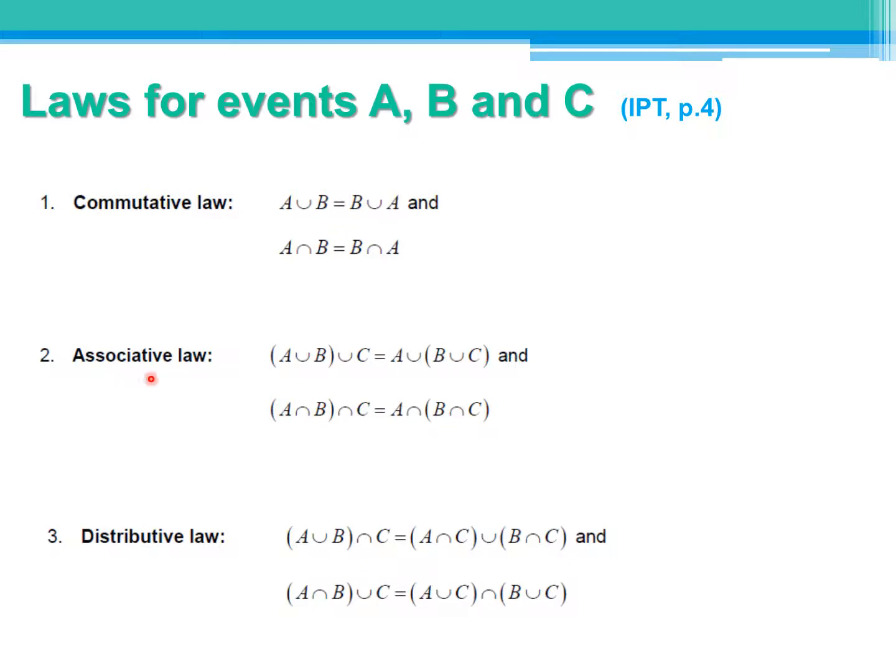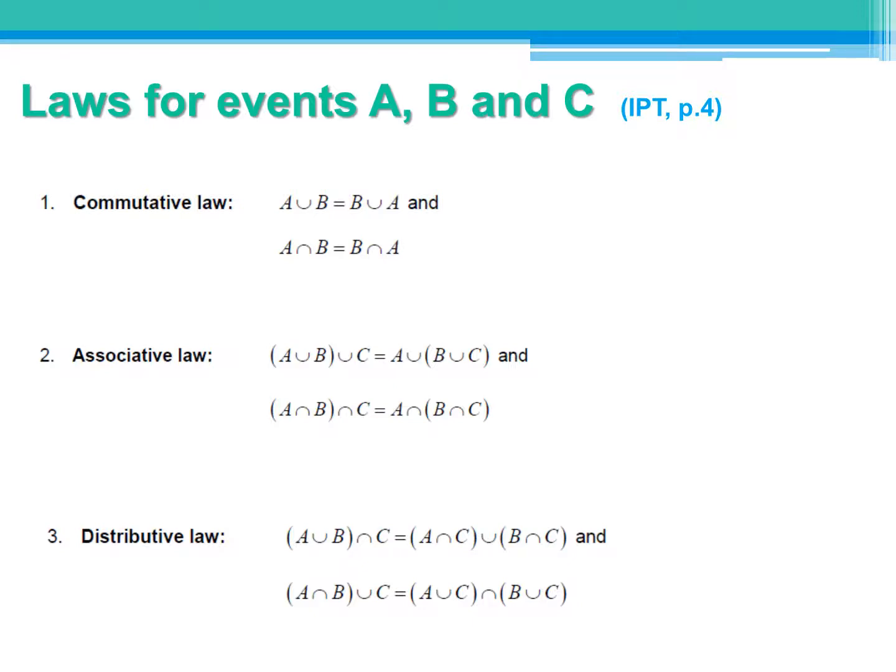Or for the associative law, it doesn't matter which union or intersection is done first. For example, if you take the intersection of A and B and then the intersection with C, or if you do that intersection first and then you intersect it with A, it will lead to the same outcomes.